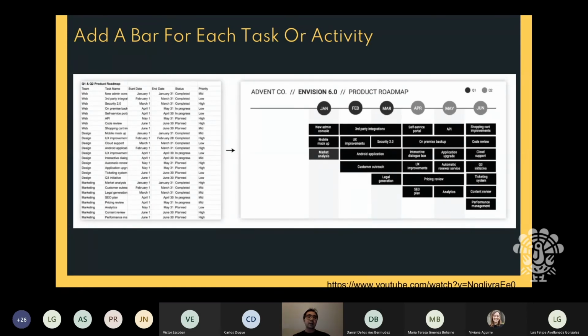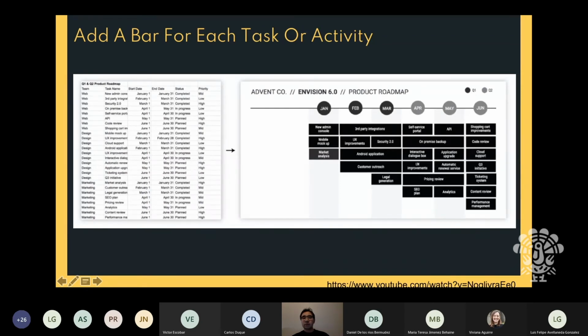We can go a bit higher level than that for the time being. And you take all your different tasks and who the teams are, and you just make a bar for all of them. Can everyone see this screen with the bar move from the left to the right? Yep. So they took all these activities and they broke it down into all these different boxes and in the different months that they need to be done.